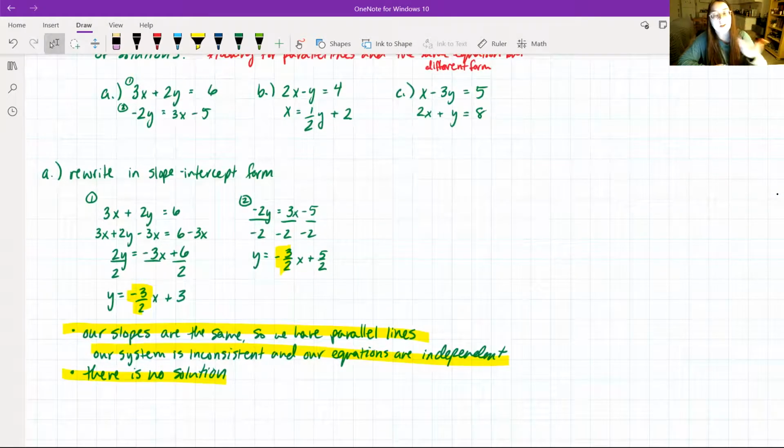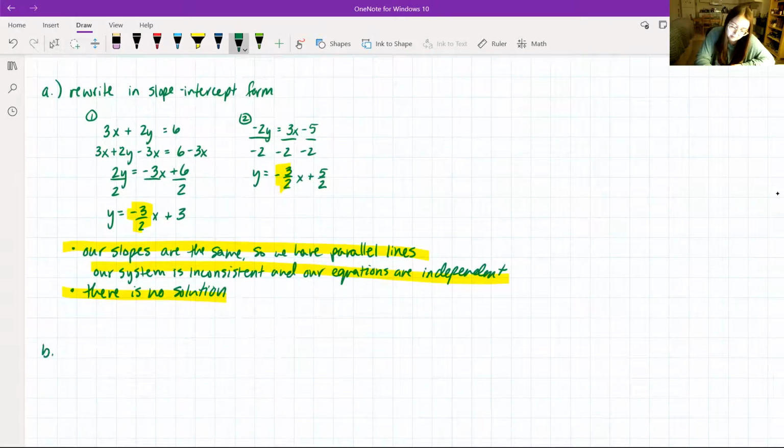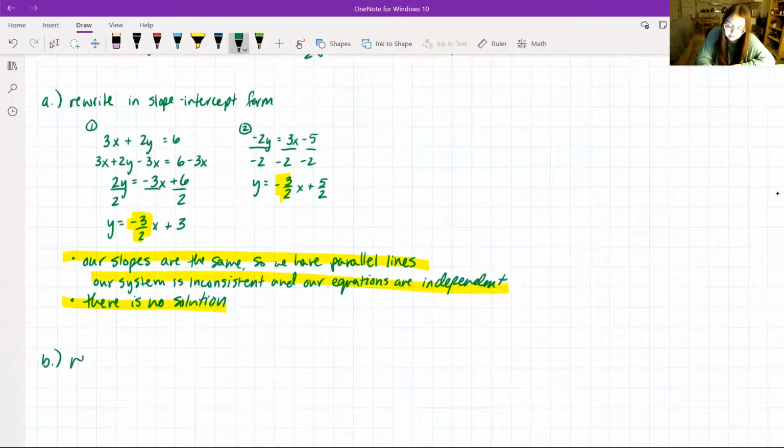All right, so now for part B. For part B, we want to do the same thing. We still want to rewrite our equations in slope-intercept form.